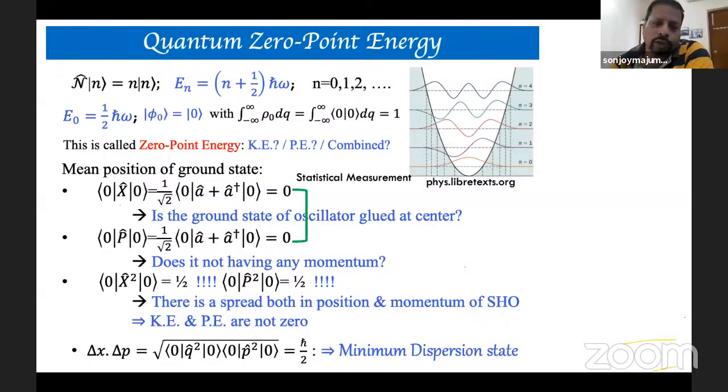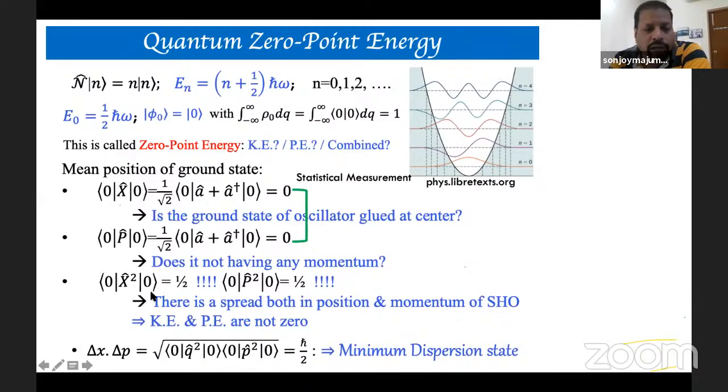Very good questions. First of all, what is zero point energy? I believe you have understood now. It is the fluctuation of the energies. There is a spread in the individual measurements of position and momentum, which can be quantified from the expectation values.